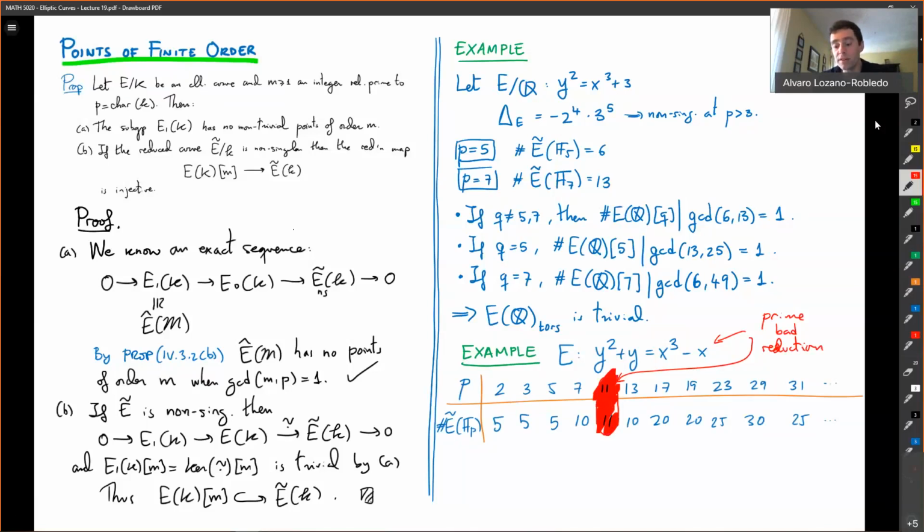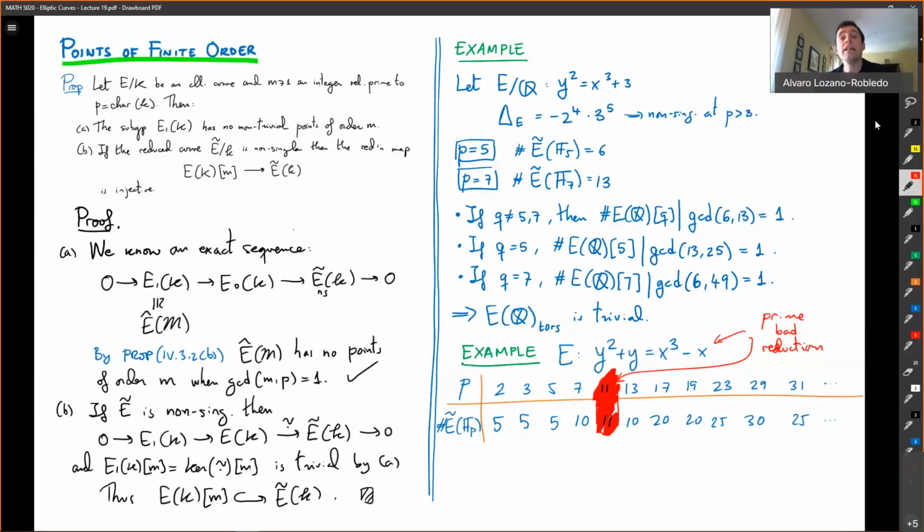So what this tells me is that probably there is some 5-torsion floating around, because the 5-torsion would inject into the reduction mod 7, for example, and there you go, it is divisible by 5. The 5-torsion would inject into the mod 3 reduction, and there is a point of order 5, and so on.